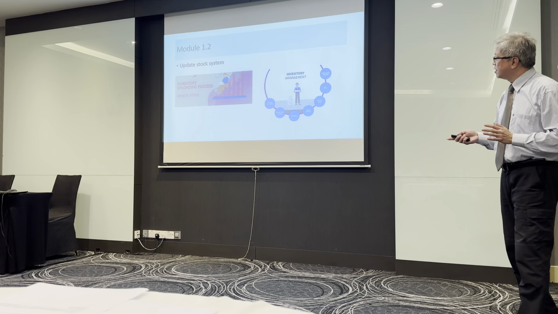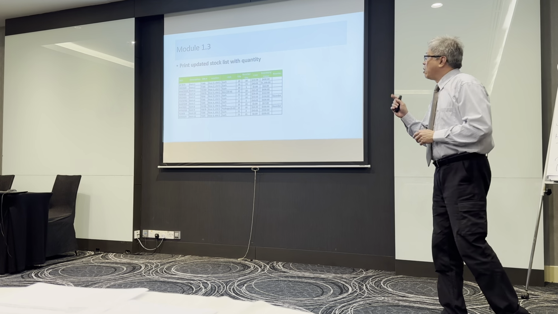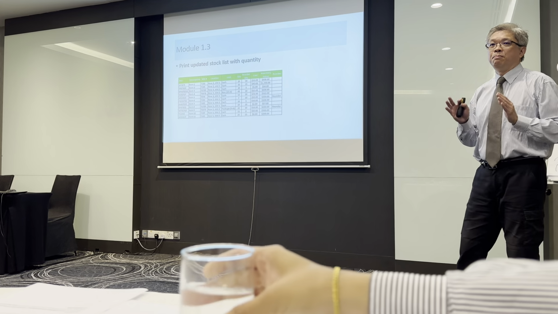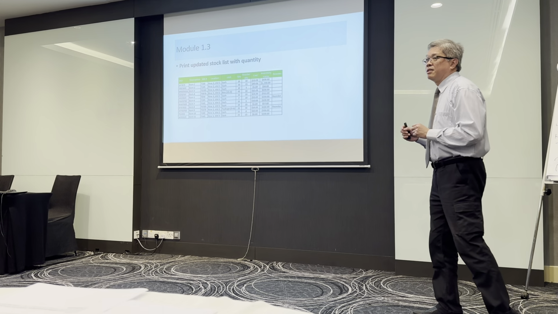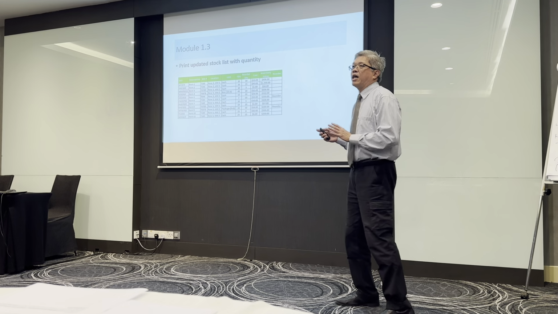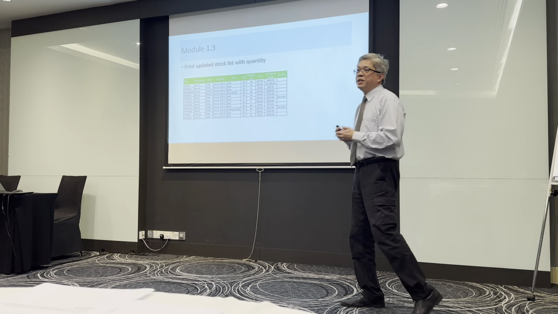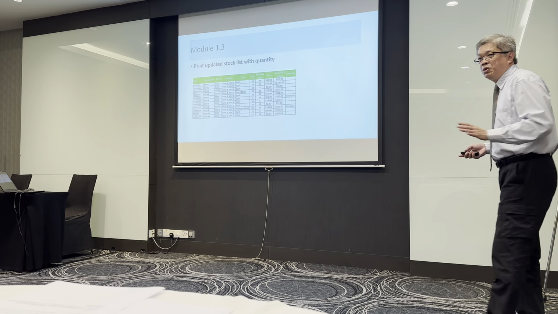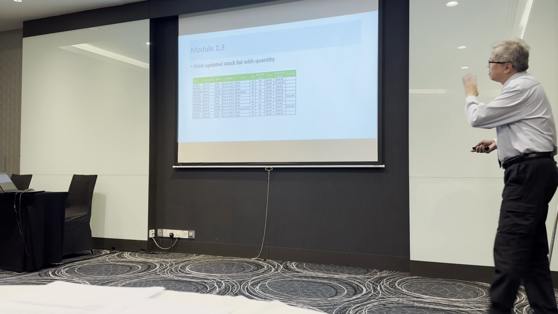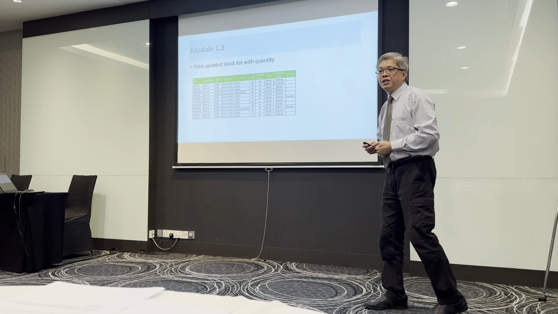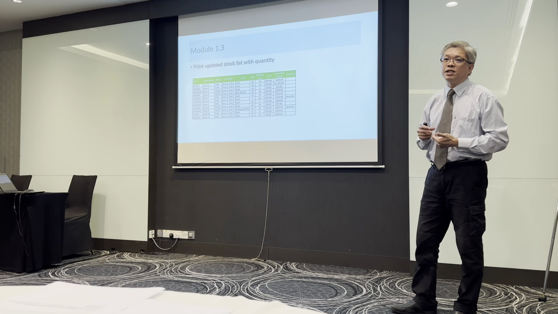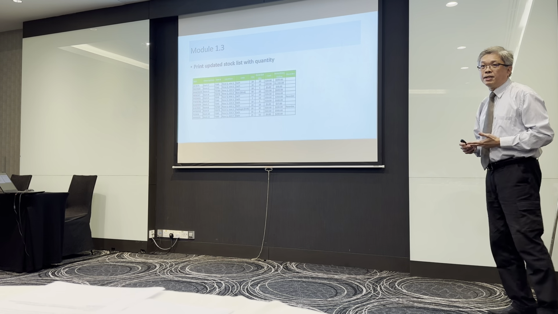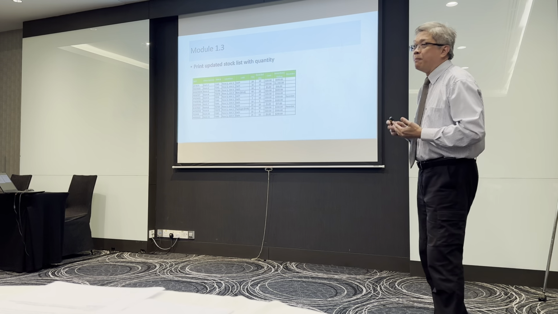Next, 1.3 talks about printing out the stock list. This is actually the stock count list, the list that you bring down to the warehouse to do the stock count. Usually, this stock list will have identification of the stock. What is the stock, the description, the location, and the measurement unit.